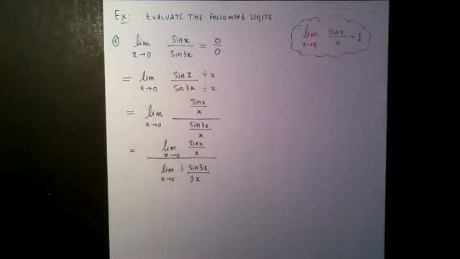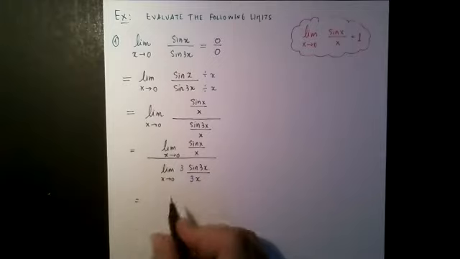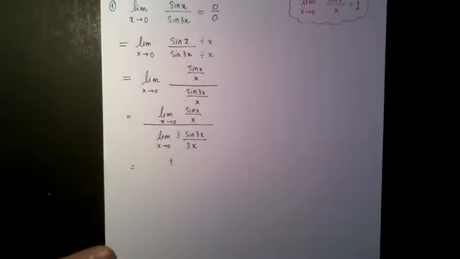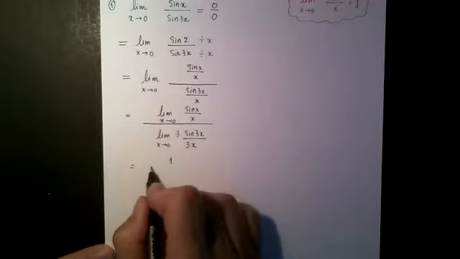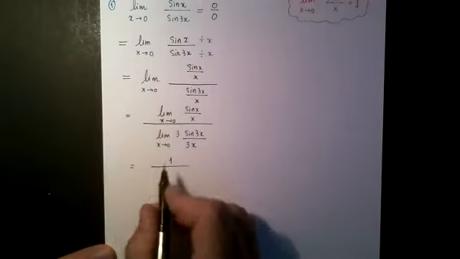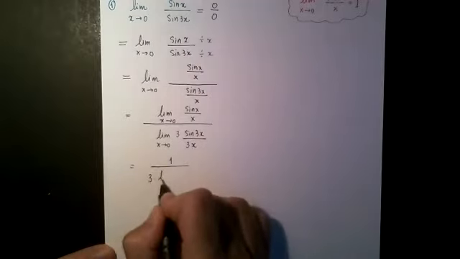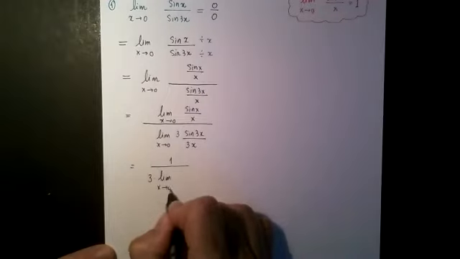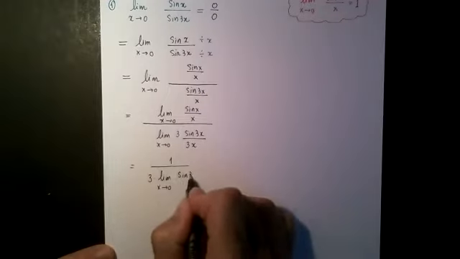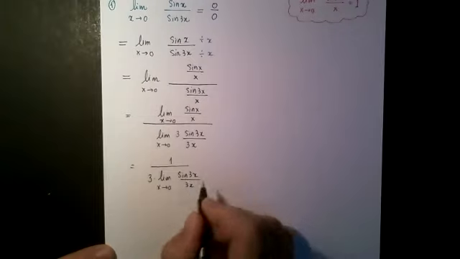We've done this. So on top it's 1, and on the bottom I'm going to pull out the 3: 3 times the limit as x approaches 0 of sine 3x over 3x, which is also 1. And so my answer is 1/3.